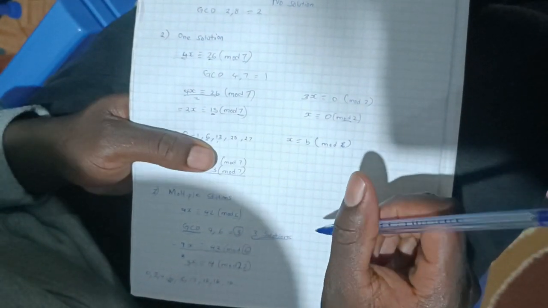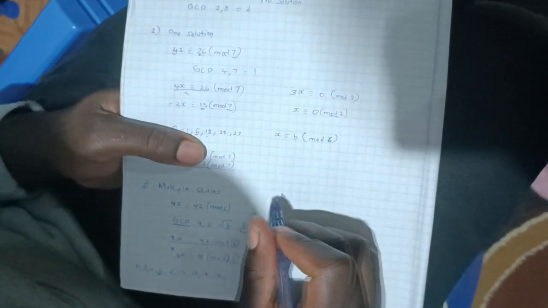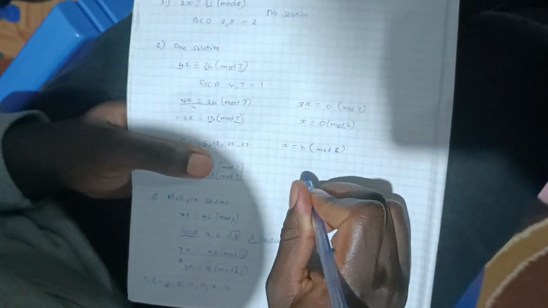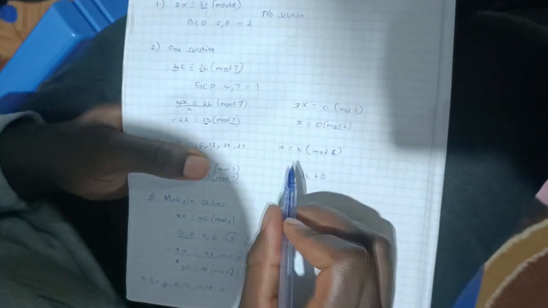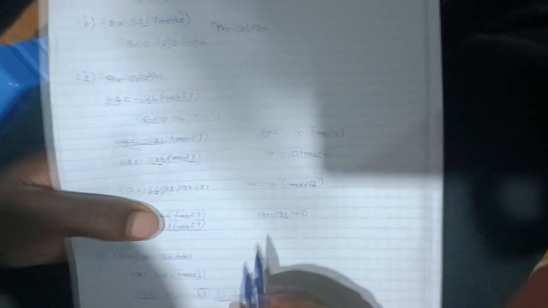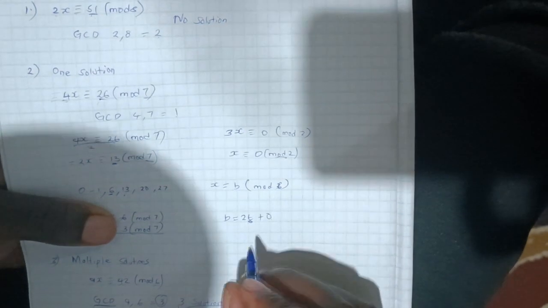So we can write an equation which is b equals 2t plus 0, where t are values in a table.